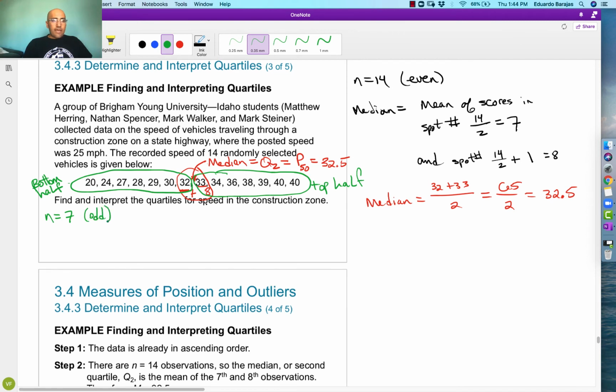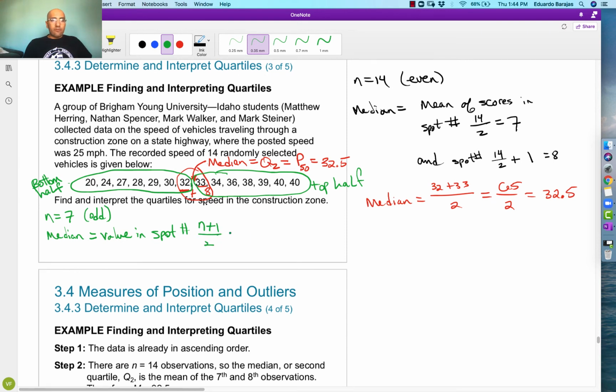My rule for the median of the bottom half is the value in spot number n plus 1 divided by 2.